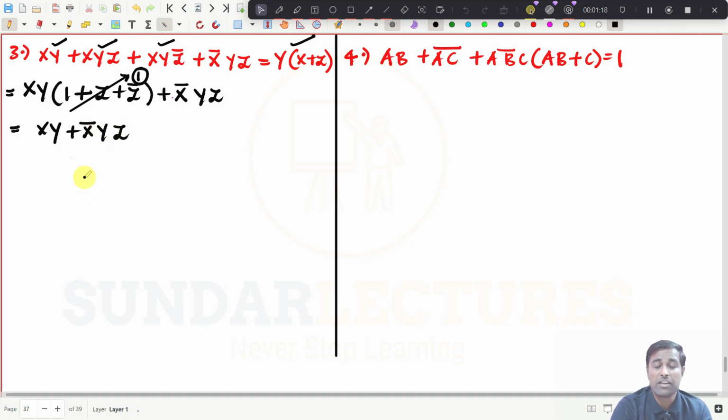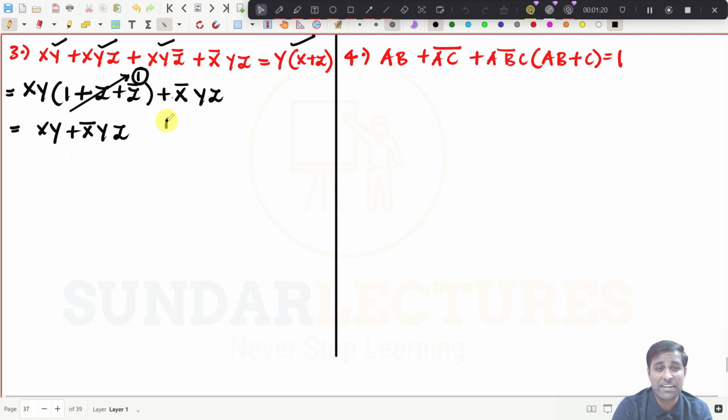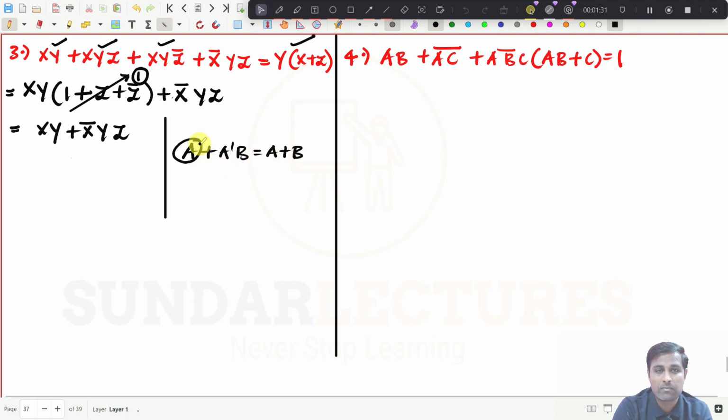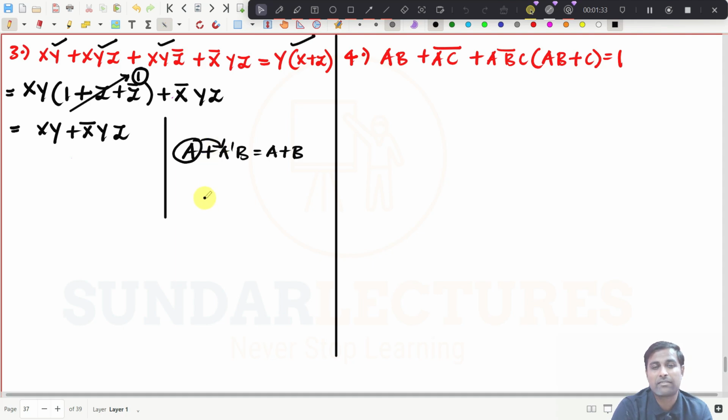You can directly write here, see what we have already seen: A plus A bar B is equal to A plus B. This term is inverted here, so if inverted and multiplied with some other term, you can add directly these two terms. That is the whole idea, right?